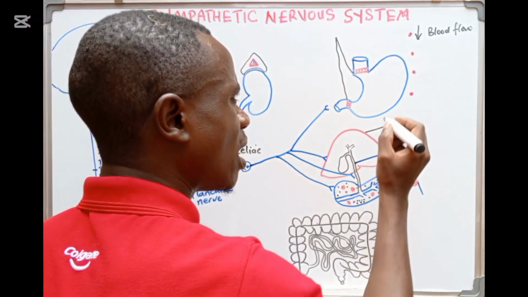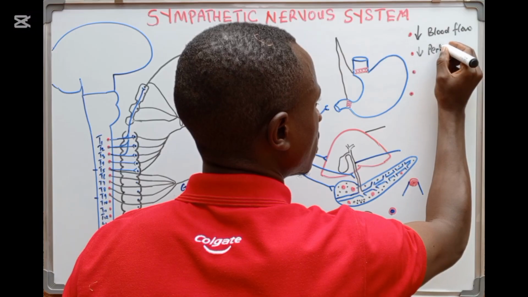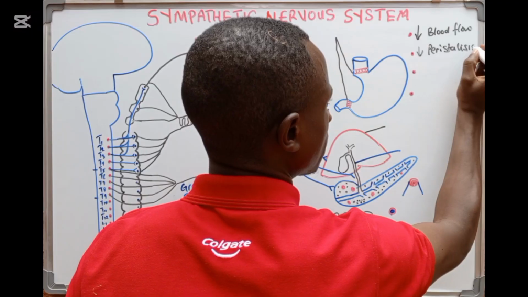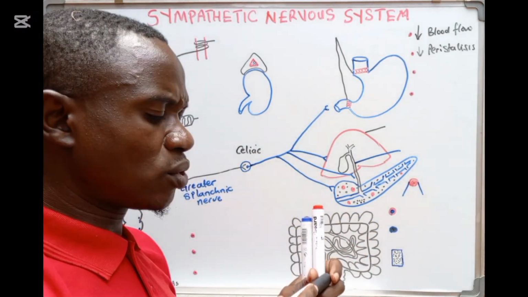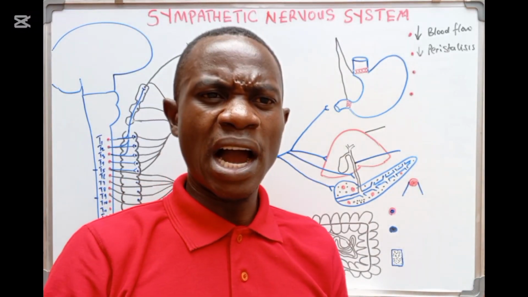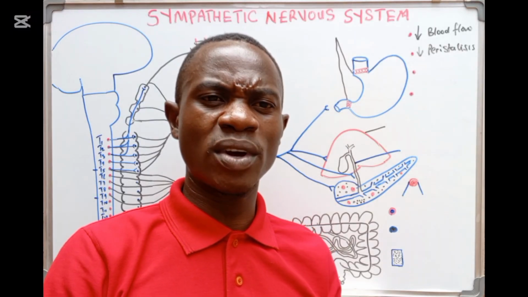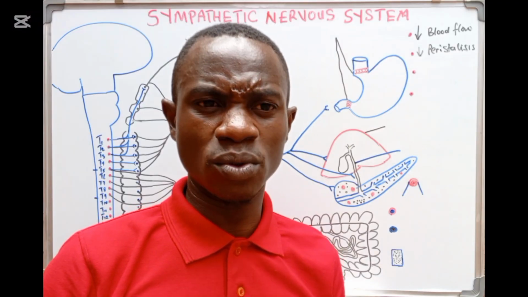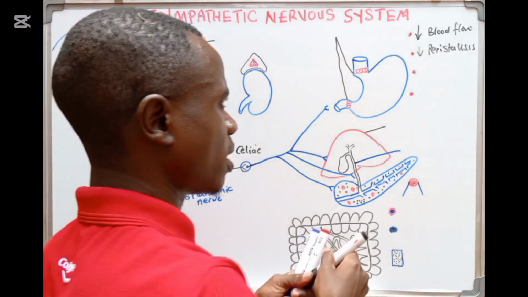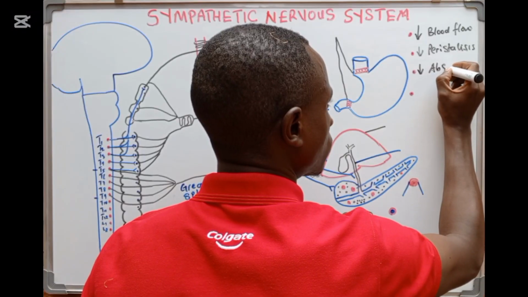In the stomach, we have a decrease in peristalsis. And what if we decrease the blood flow to the GIT, especially the stomach? What is the effect on absorption? Because in the stomach some drugs get absorbed. So it means you have reduced absorption.